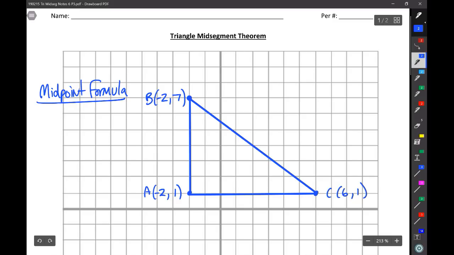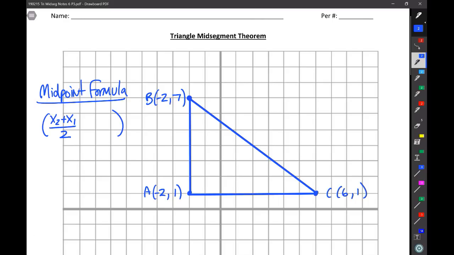I'm going to do some big parentheses here for an ordered pair, X and Y, right? To find the X coordinate of the middle of that line segment, we take the two X values, add them together, and find their average. It's going to look like this. We take the two X values, X2 and X1, and divide them by 2. This is the formula.